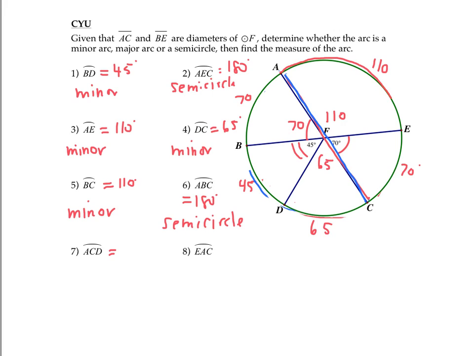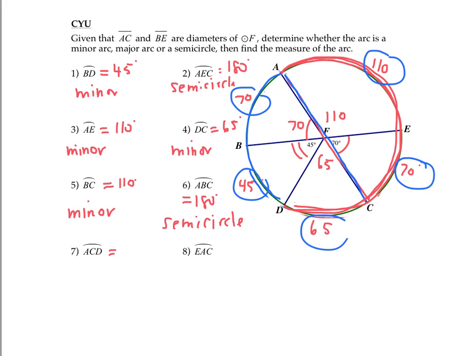Go A, all around to C, and to D. So that's everything in this circle except for this piece over here. All right? So you can either add the 110, the 70, and the 65 together, or you can take 360 and subtract 70 and 45. All right, so in the end, ACD should be 245 degrees, and it's definitely a major arc.